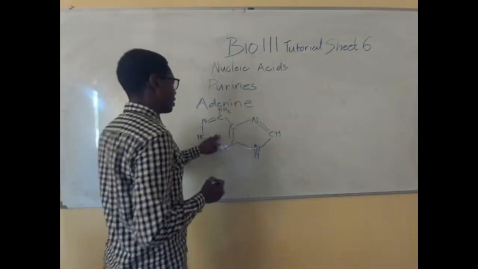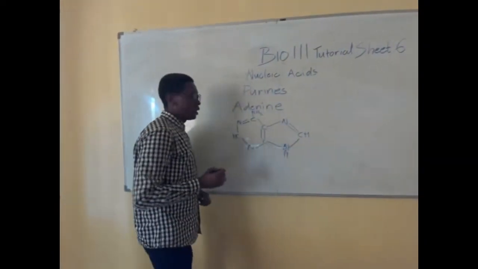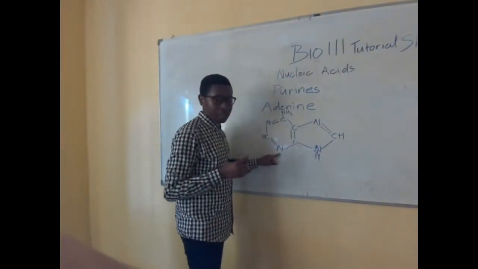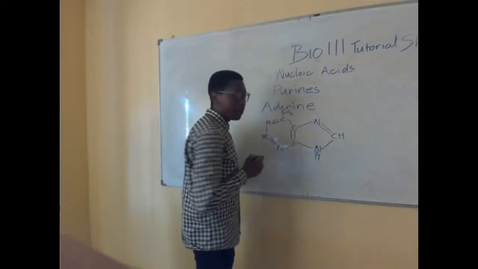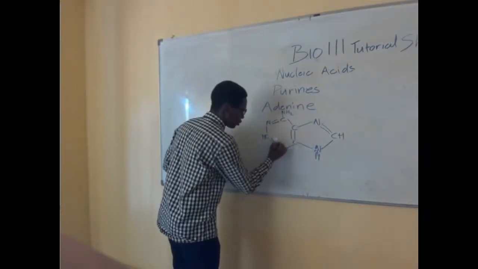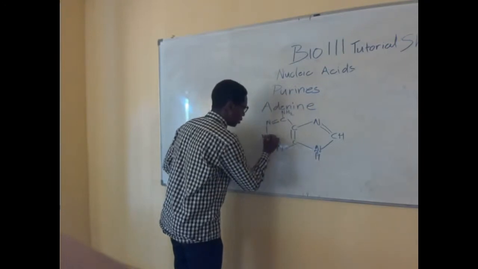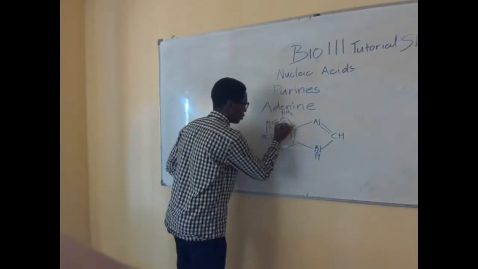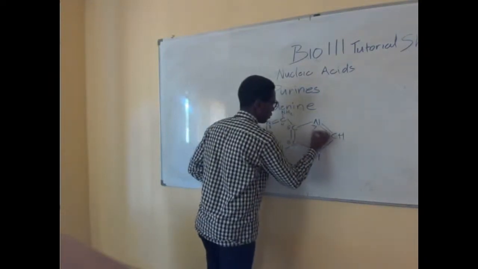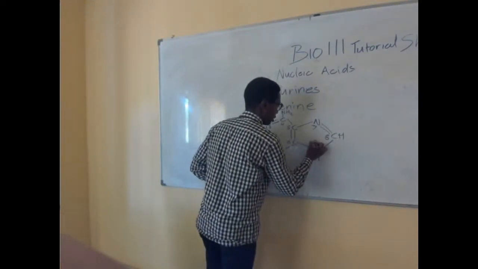Okay, so that's adenine. Then in purines, like in pyrimidines, we start numbering our atoms from this nitrogen here. So this will be atom number 1, 2, 3, 4, 5, 6, 7, 8, 9.